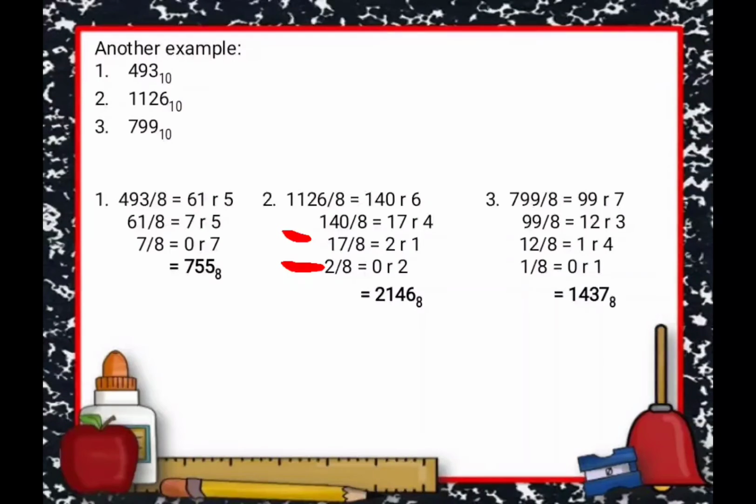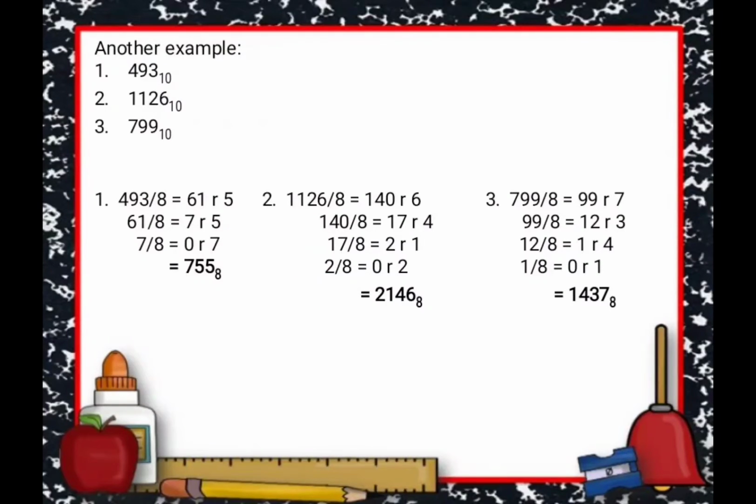So we have to list again the remainder from bottom to top. So we have 2146 with the octal base 8. So the conversion of 1126 decimal number is equal to 2146 octal number with the base of 8 here.